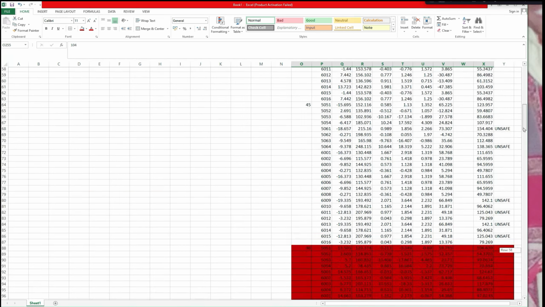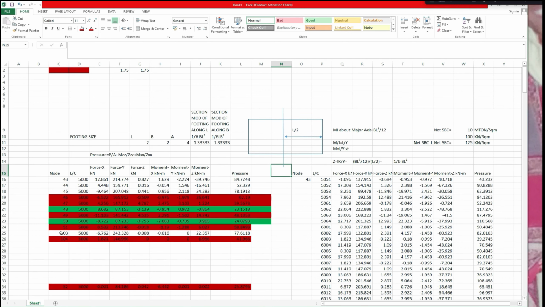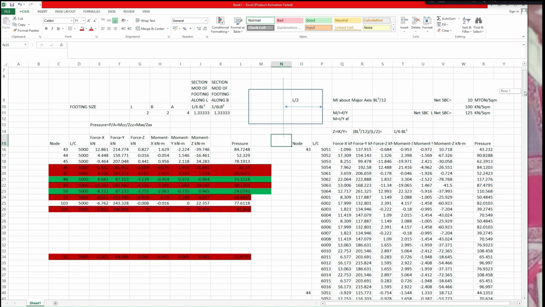So let us make a legend here again. 1.75 by 1.75. Now let us make the footing size 2 meter by 2 meter. So they have become the same. Let us see in the lateral load case also.